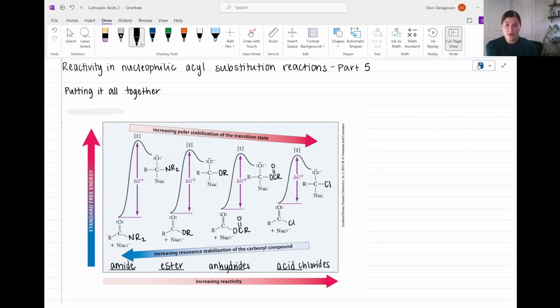Okay, so with all of this information, with this plot, we can explain why acid chlorides are more reactive than anhydrides, which are more reactive than esters, which are more reactive than amides. So let's look at amides. We have the lowest energy starting carbonyl compound due to resonance stabilization, and we have the highest energy intermediate because there is a lack of polar stabilization.